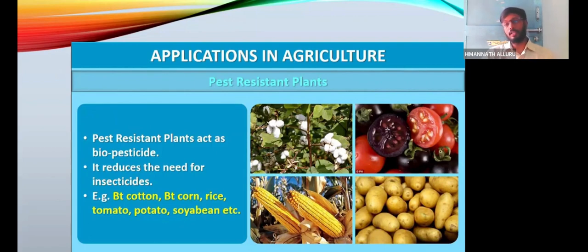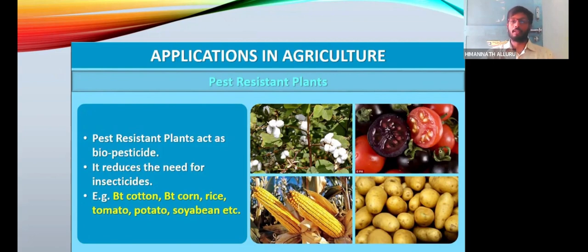We need to link that idea with their social and economic context. We need to say that a huge loss was faced by the farmer because of normal cotton, and how the cotton was destroyed by various types of pests. Then the students will understand there is definitely a need for improvement in the cotton.